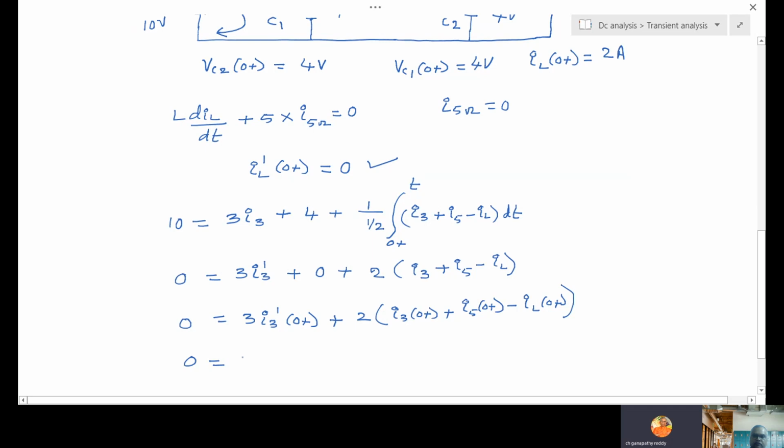So 0 equal to 3 I3 prime 0 plus 2 I3 0 plus already done.